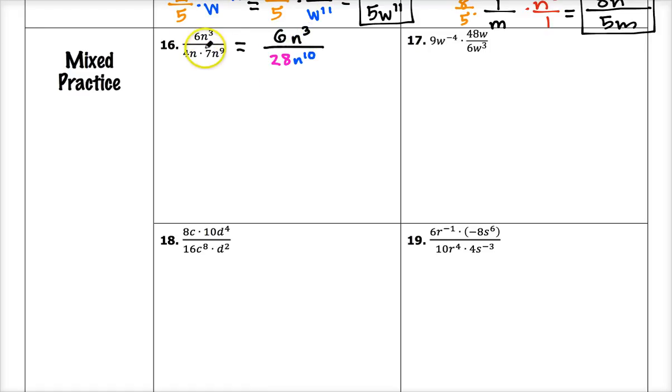So now that I've simplified the denominator by multiplying what's in the denominator, now I can do my quotient rule. So I can simplify this fraction 6 over 28. 6/28 will reduce to the fraction 3/14. And then n to the 3rd divided by n to the 10th will give us n to the 3 minus 10, which is n to the negative 7th.